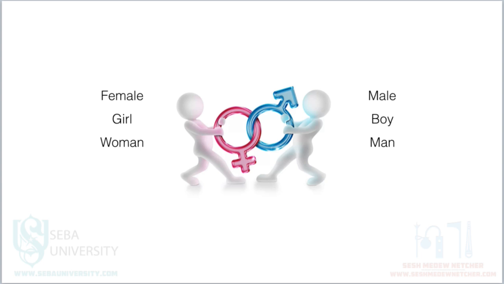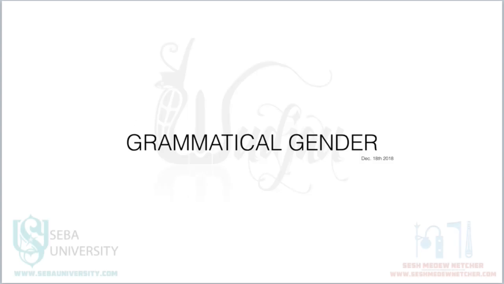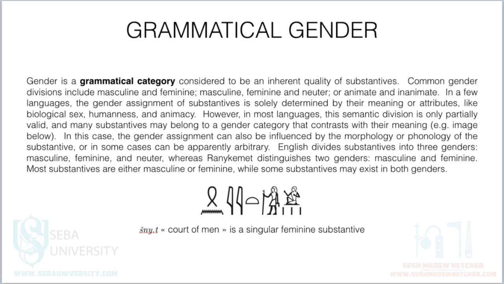That's the normal day-to-day use of the word gender. But as we're going to discuss, we're speaking about grammatical gender. And there's a difference. So we have to make sure we understand the differences and when to use them.